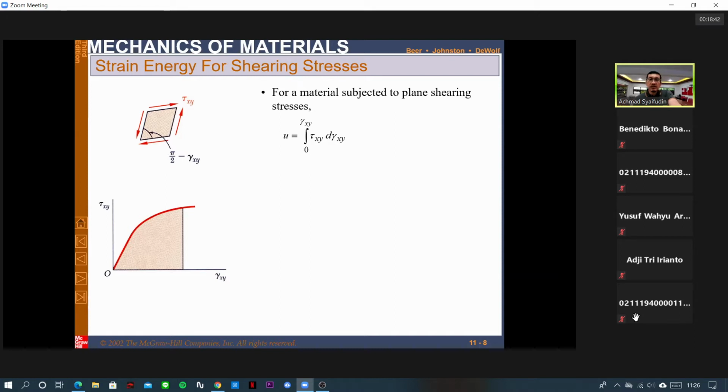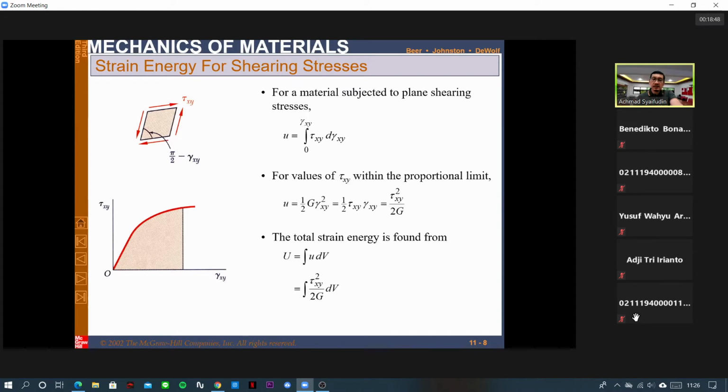Strain energy for shearing stress. Another term we can use to identify the type of stress is based on the type of stress. And this is for shearing stress.